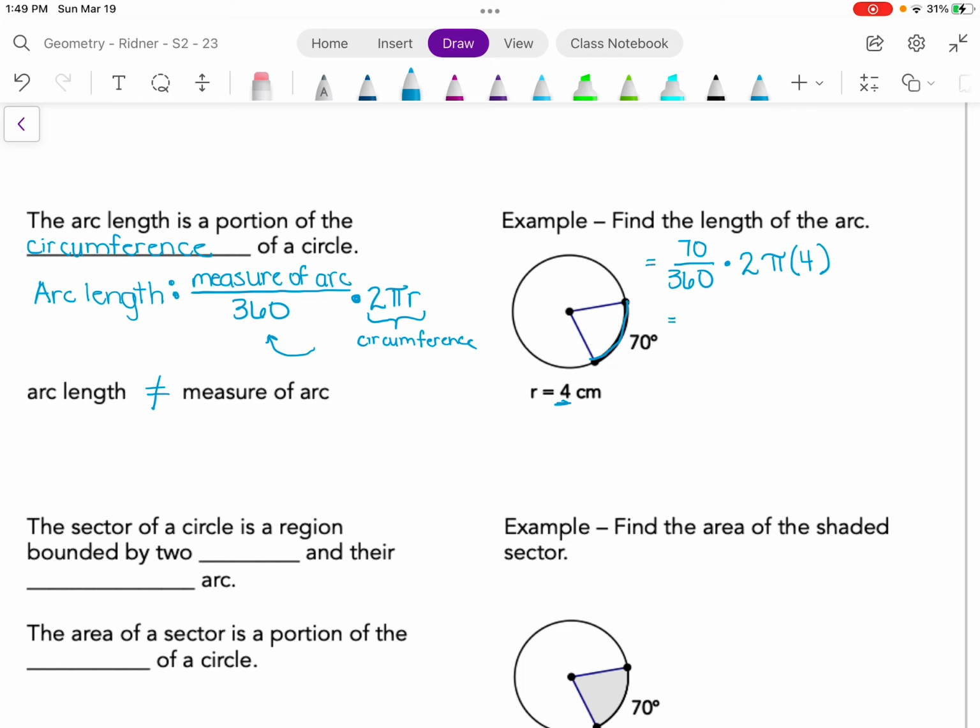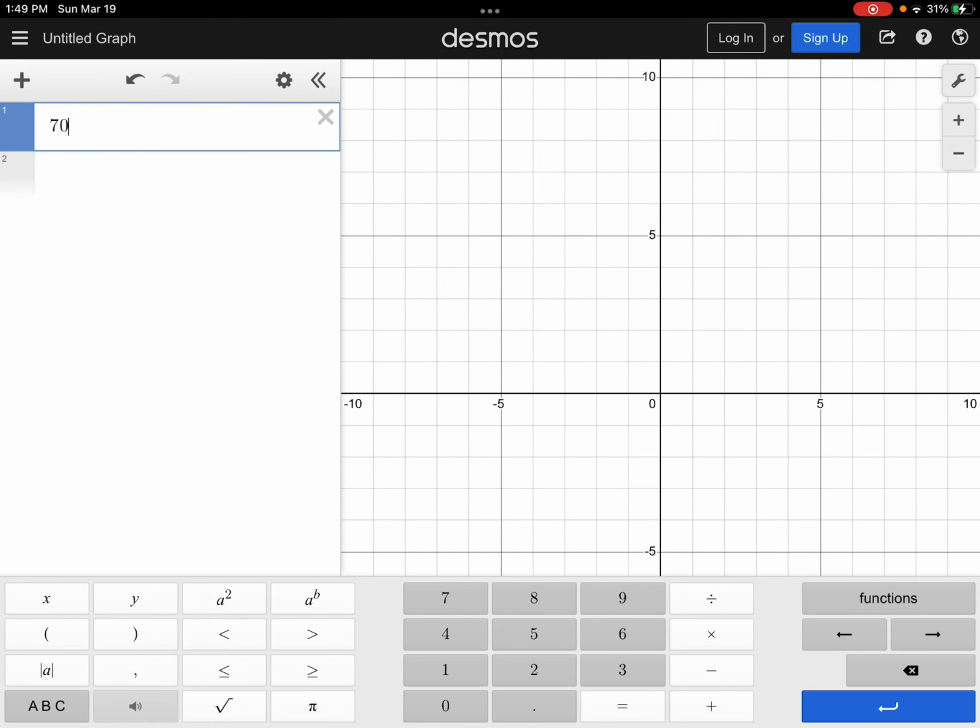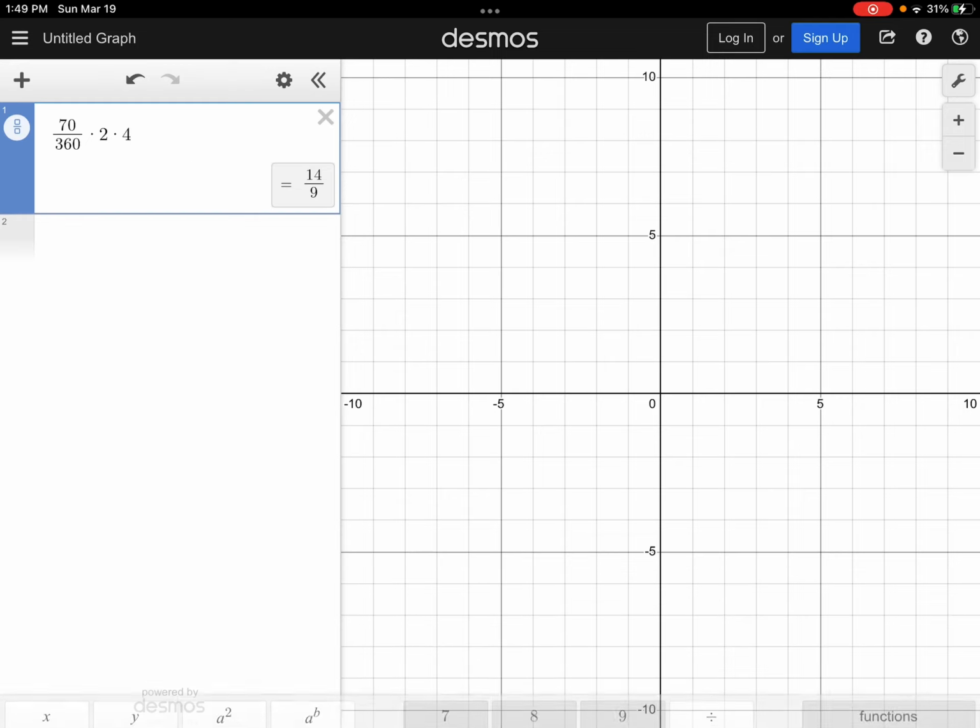In my calculator, I'm going to type that part and then not type the pi, but the pi is going to come with me. So let me show you what I mean here. So do 70 divided by 360 times 2 times 4. Notice no pi. And then I hit this little blue circle over here underneath the 1. It tells me that that is 14/9.